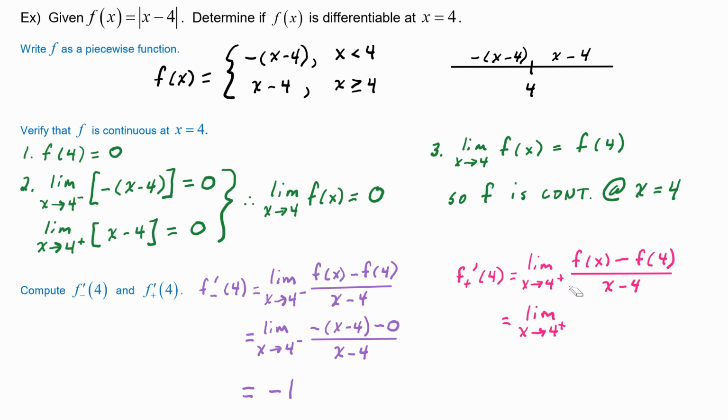When we're coming into 4 from the right, f of x is going to be this piece, x minus 4. We have to subtract f of 4, which we know is 0, and we have to put that over x minus 4. Now the x minus 4 in the top will cancel with the x minus 4 in the bottom, and this is equal to 1.